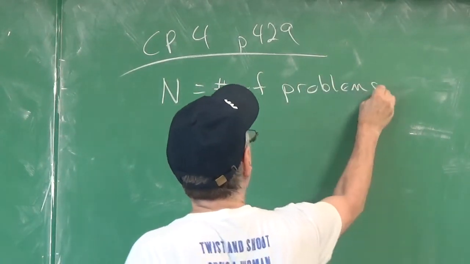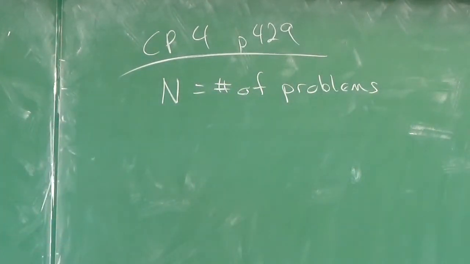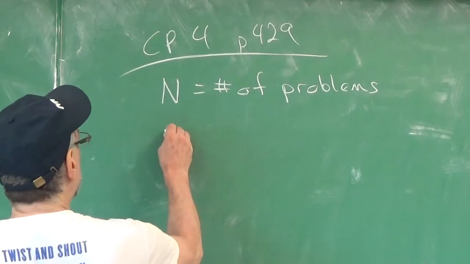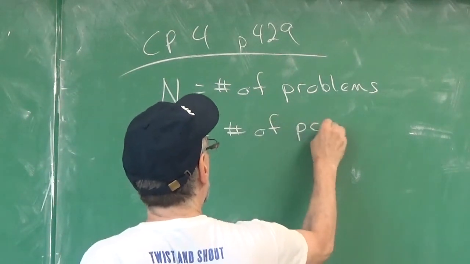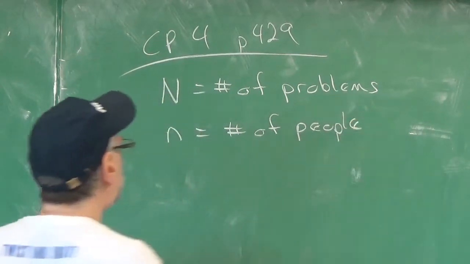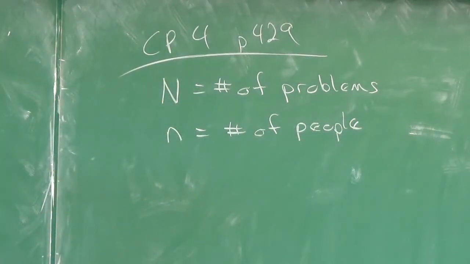You can label these any letters you want; try to label them so you can keep things clear. And inversely is the number of people, so we'll let small n be the number of people. Directly is the number of problems, inversely is the number of people.